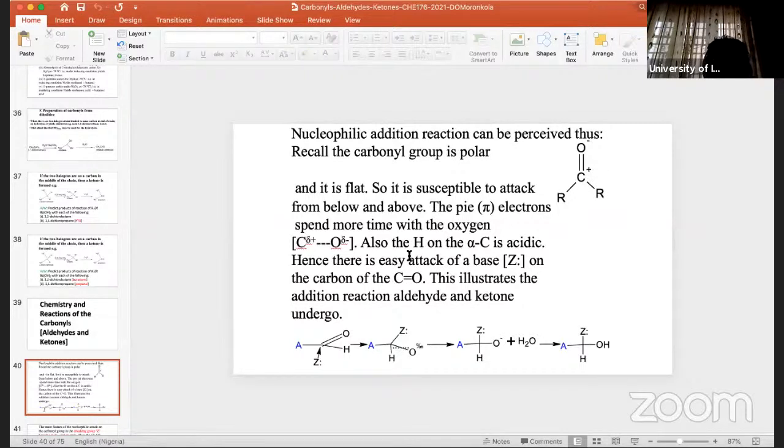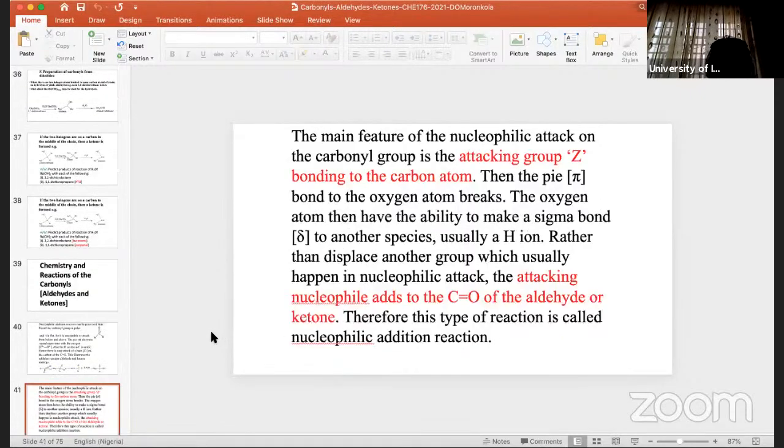And we can see every other thing there, given that the nucleophile here happens to be a Z attacking the carbon of the carbonyl. You can see the adducts there. And then finally on hydrolysis, instead of the carbonyl, you now have the hydroxyl functional group being introduced therein.